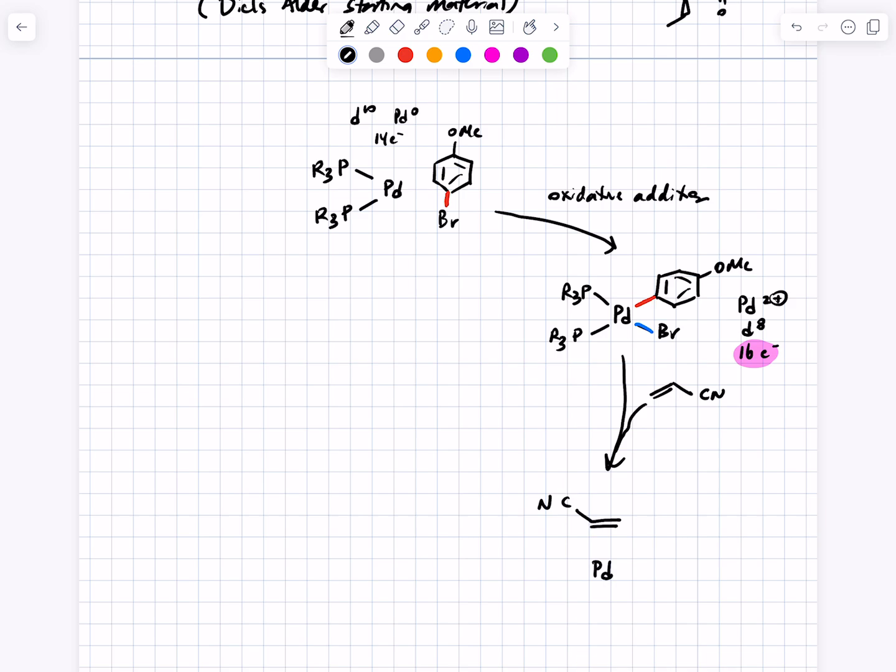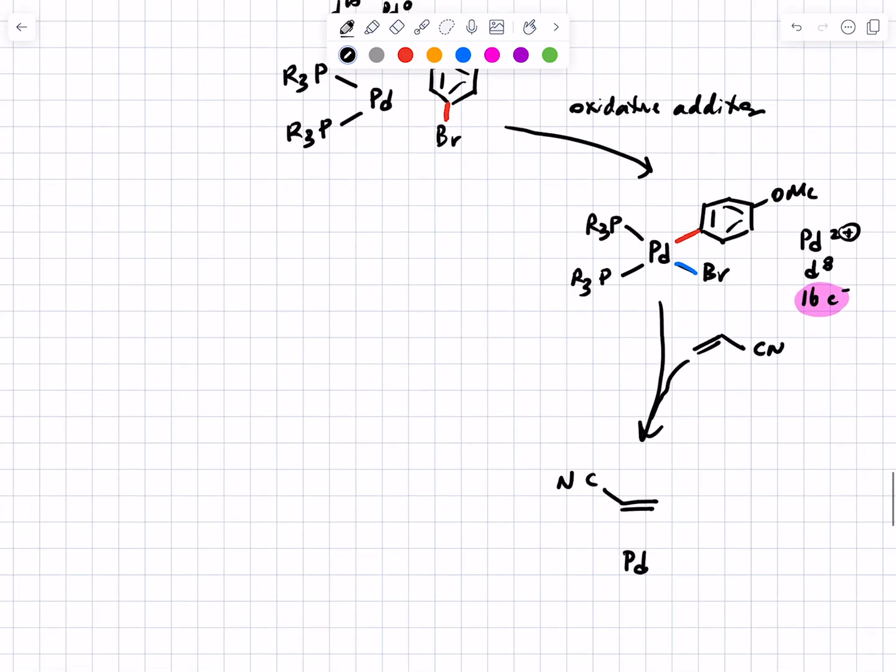Now that's really hard to draw, in the sense that when we draw a bond, we typically mean there's 2 electrons in this bond between one atom and another atom. With pi electrons serving as a ligand to the metal, what we really mean is the 2 atoms involved in the pi bond are both interacting with the palladium, and the 2 electrons in the pi bond are forming that interaction.